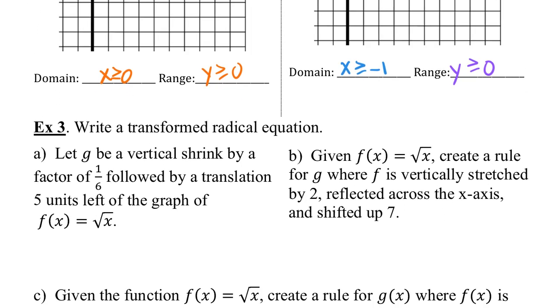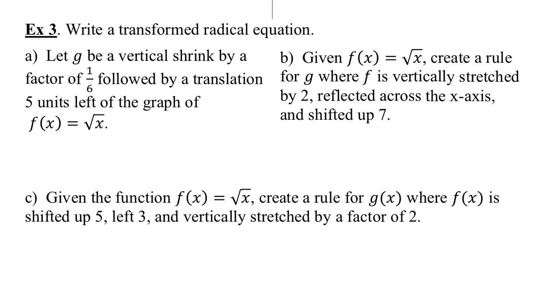Okay, last examples are just writing a transformed radical equation, which we are pretty good at. Let g be a vertical shrink by factor of 1/6, followed by a translation 5 units left of the graph of f of x equals the square root of x. So this is going to be a square root. I want to shrink by 1/6, so I'm timesing by 1/6.